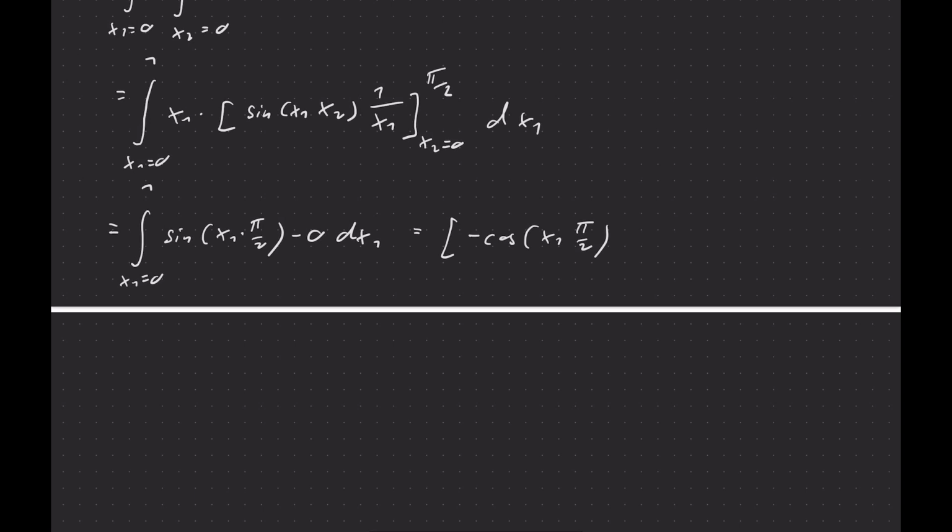And we need to multiply with the differential of the inner function, and that will be pi over 2. So for the integral, we need to divide out that factor, and that means we need to divide by pi over 2, or multiply by 2 over pi, for the correct integral. Okay, so this is, again, boundaries for x1 from 0 to 1. And now we can just evaluate that.